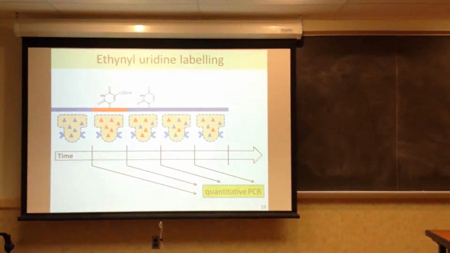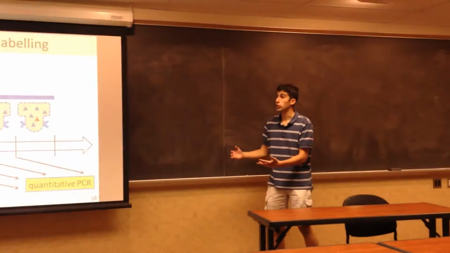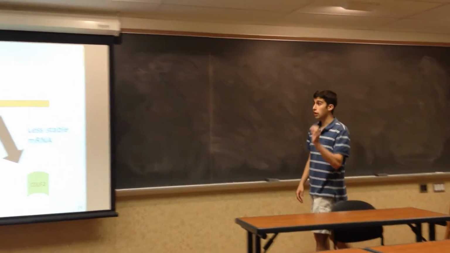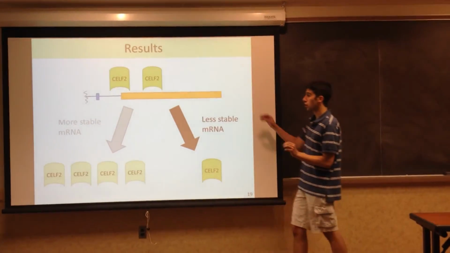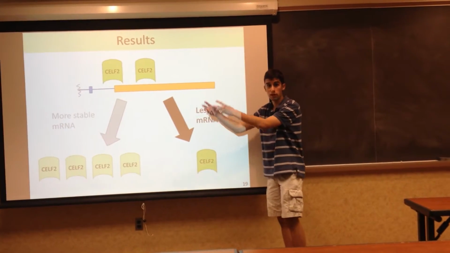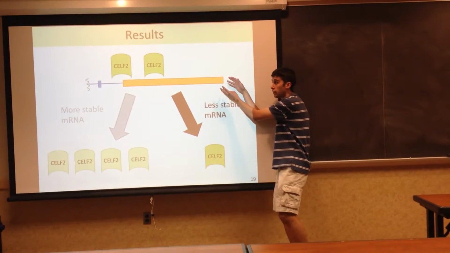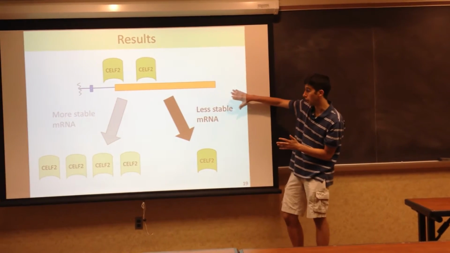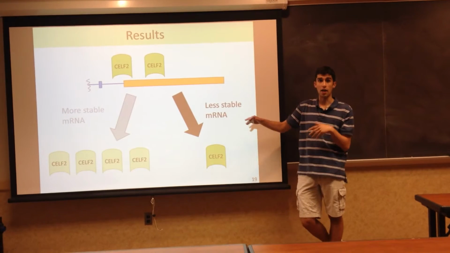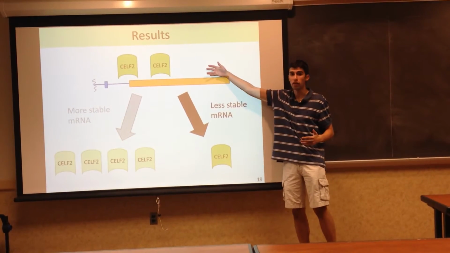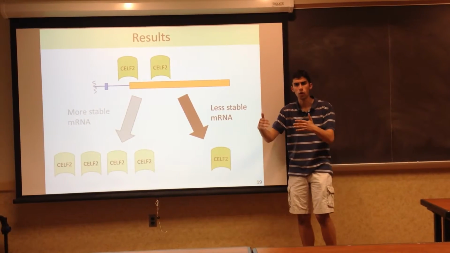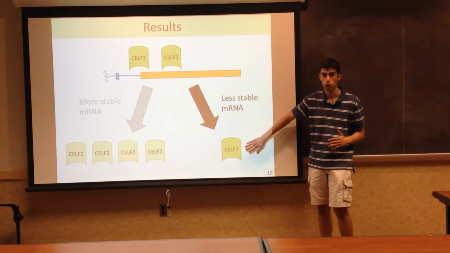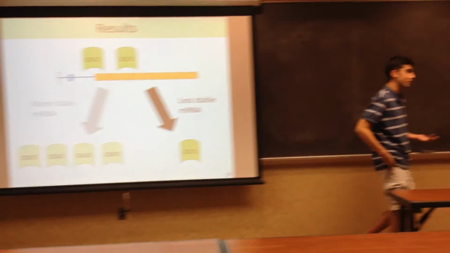Using quantitative PCR and this ethynyl uridine labeling, I've actually been able to show that the CELF2 protein influences the splicing of the CELF2 pre-mRNA in a way that produces a less stable mRNA product. And this suggests that the CELF2 protein is acting in a way that will restrain the further production of CELF2 protein. That's pretty reasonable, right?